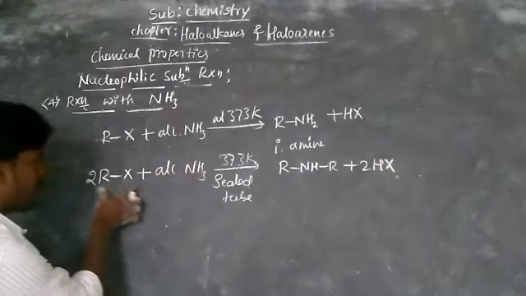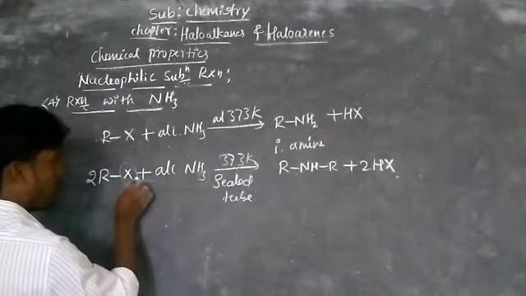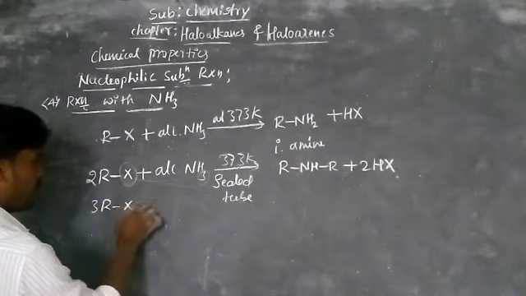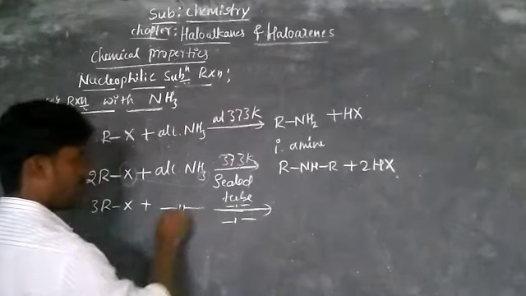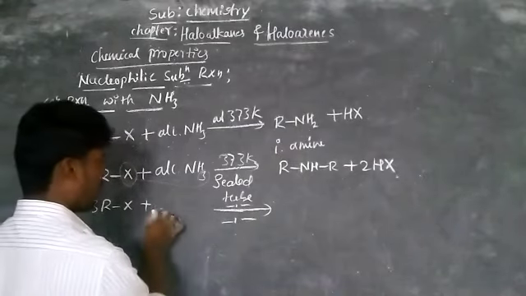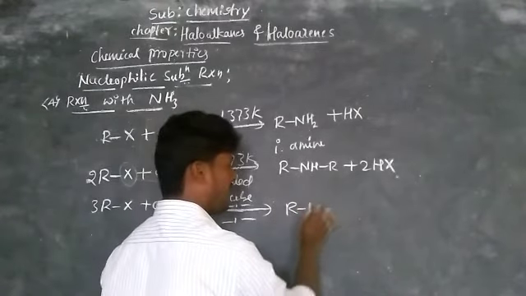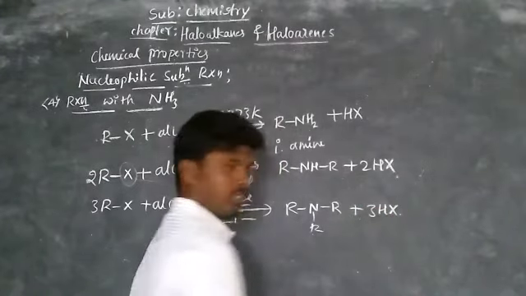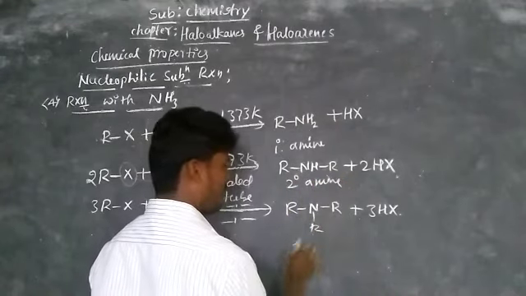Observe here there are two halogens and two hydrogens, which become 2 HX. Similarly, if you take three equivalents of RX under the same conditions with alcoholic ammonia, what do you get here? R3N plus 3 HX. This is a primary amine, this is a secondary amine, this is a tertiary amine.